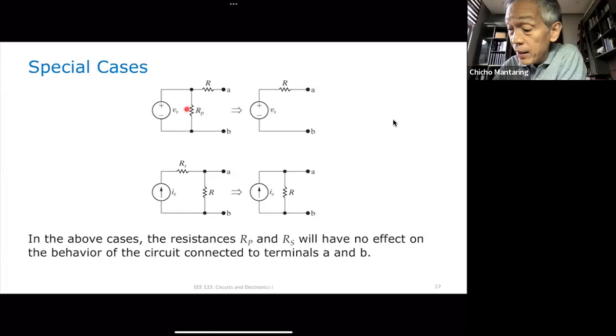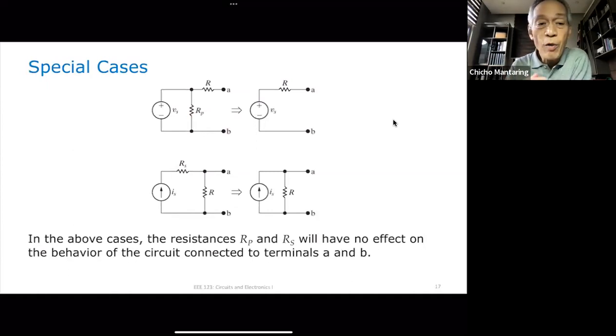If I have a resistor in parallel with an ideal voltage source, this resistance is not going to affect the voltages or currents of the circuit connected to terminals A and B. And if I have a resistor in series with an ideal current source, this resistance is not going to affect the voltages and currents of the circuit connected to terminals A and B. So if I were interested in voltages and currents at A, B, I can remove this, or I can remove this.